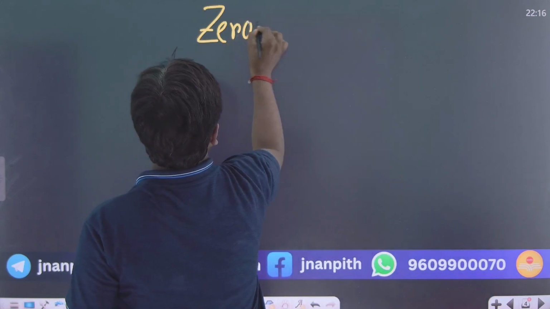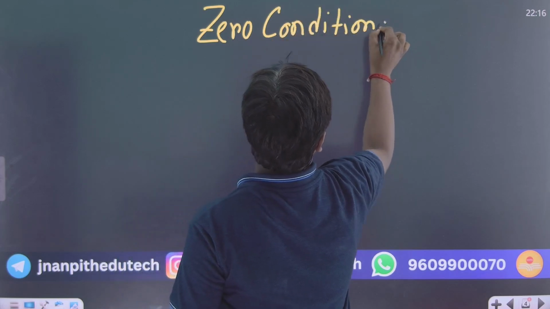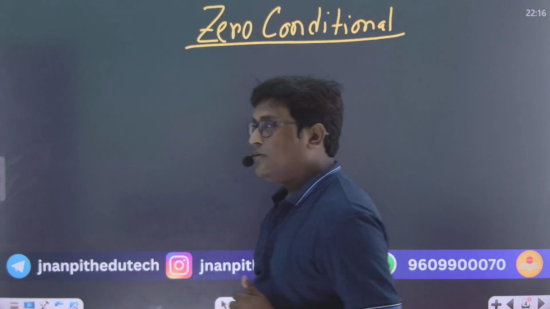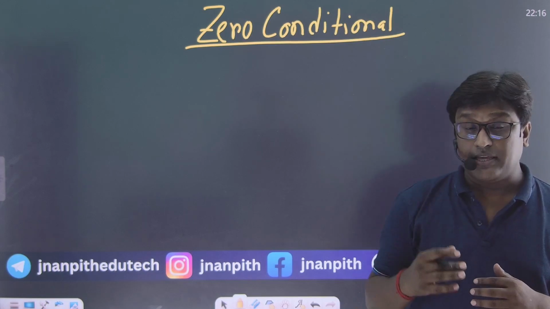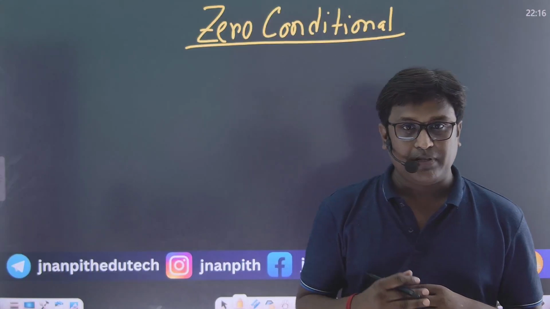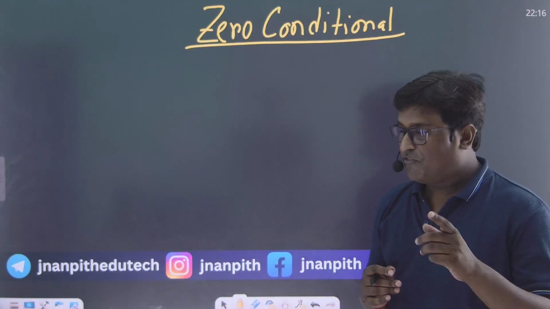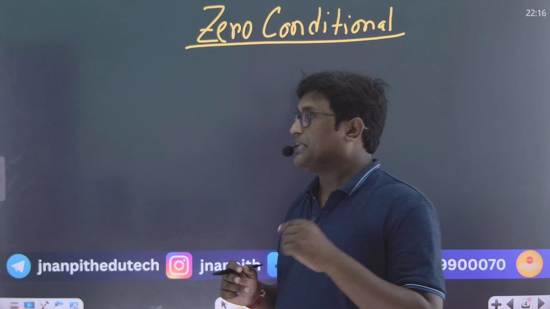Zero conditional. The title may mislead you. If you think there is no condition in such types of examples, then you are wrong. Obviously there will be a condition and there has to be a result of that particular condition.